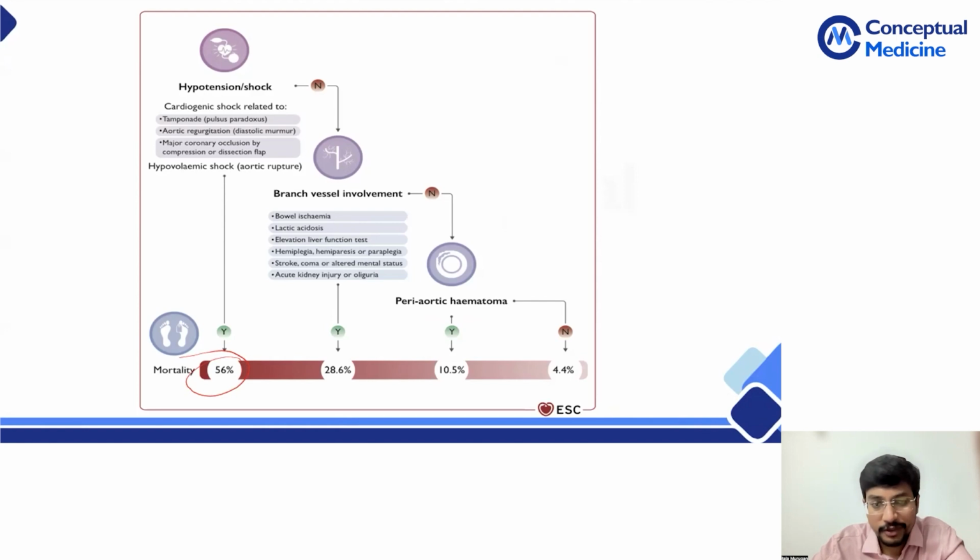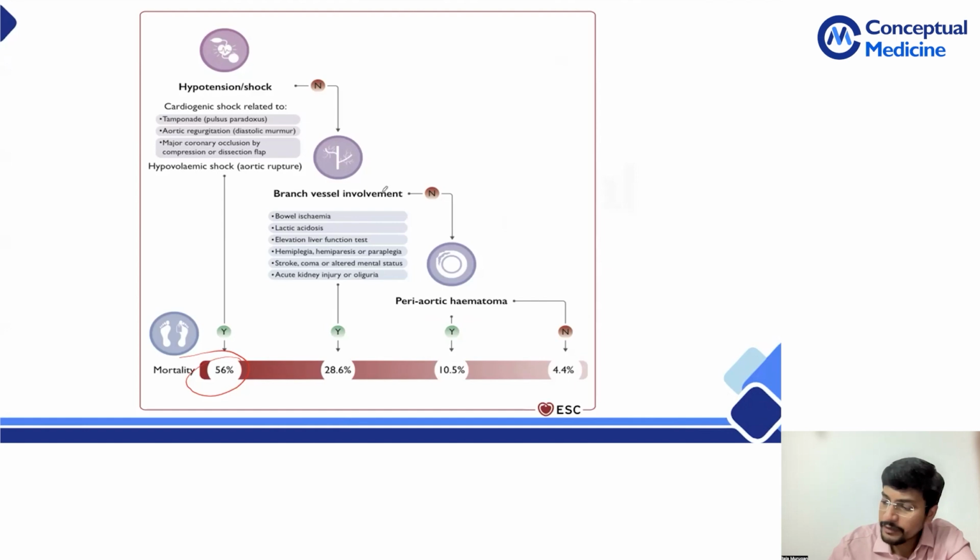If you do something, obviously you can salvage the patient. But even then, the operative mortality is higher, 25%, but still much lower than the non-operative mortality. Cardiogenic shock can be because of tamponade, acute AR, or coronary ostial occlusion. Hypovolemic shock is because of aortic rupture.